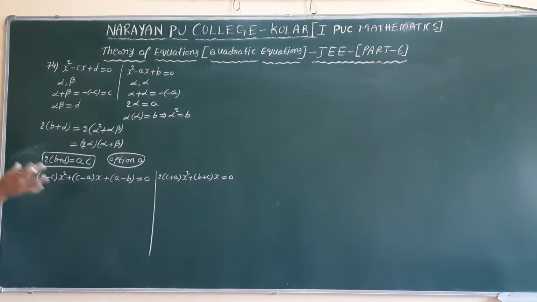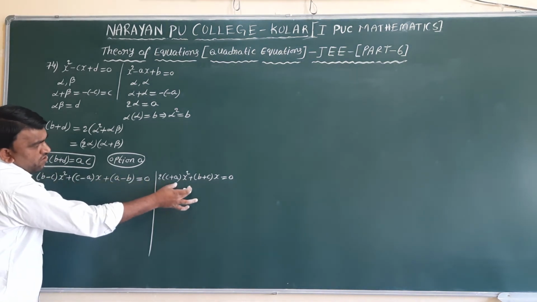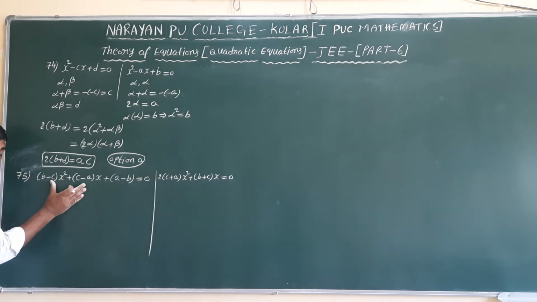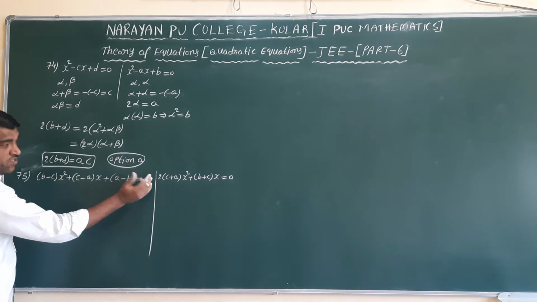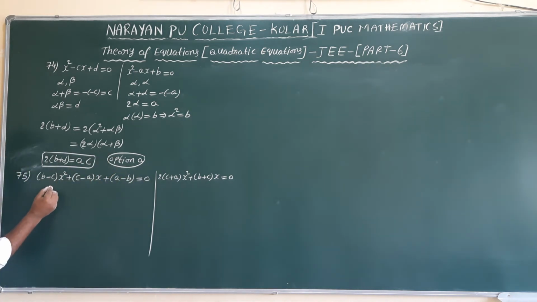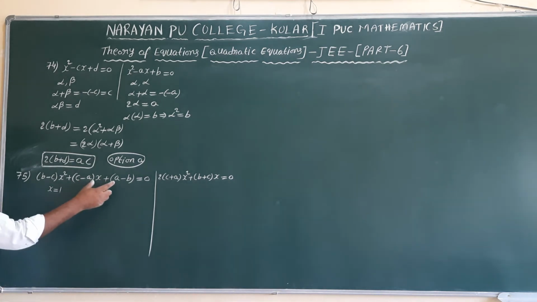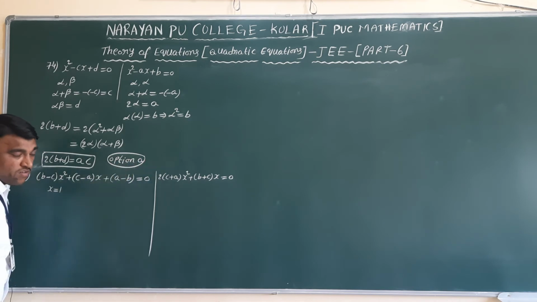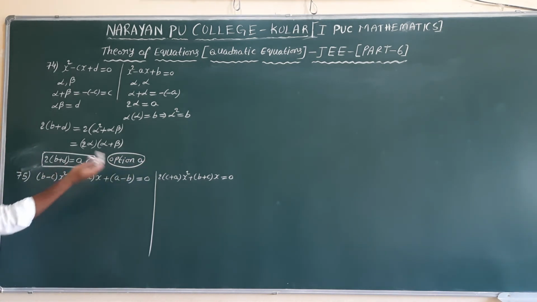If we want this term to be completely 0, whenever x equals 1, this value becomes 0. Here x square is 1, x is 1, b minus c plus c minus a plus a minus b, all terms cancel, we get 0. Then it is one root of this equation.